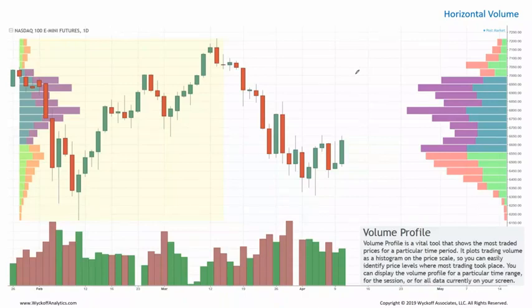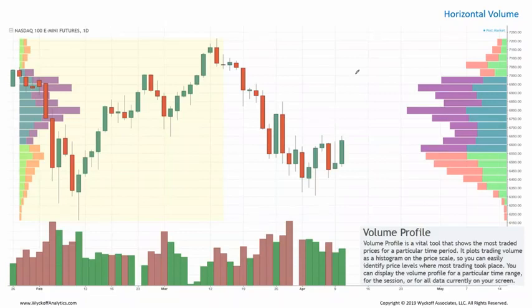There are different names for this technique. For generalization purposes, I call it horizontal volume, so everybody understands instantly what I mean. But there is also market profile, volume profile, and a couple of other names.